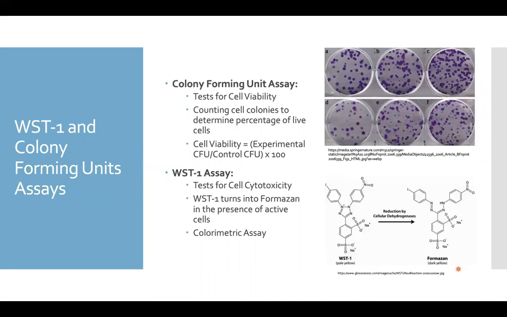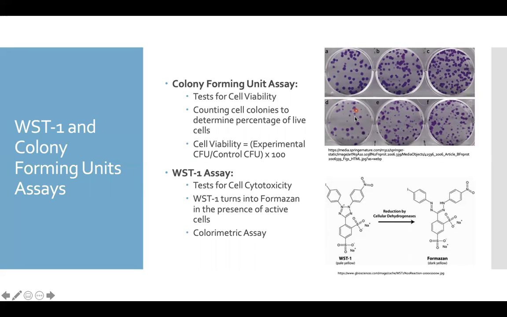Here we have the colony-forming unit assay and the WST1 assay. The colony-forming units assay tests for cell viability. This assay is done by simply counting cell colonies to determine the percentage of live cells left after exposing them to the supplement.